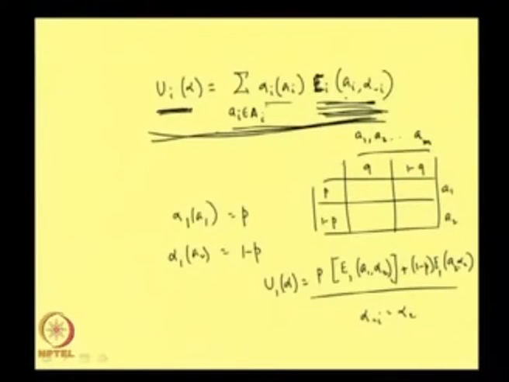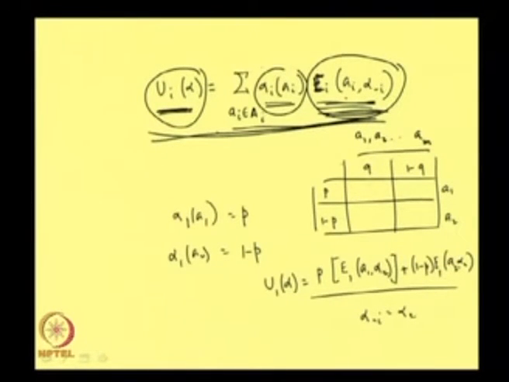For those actions for which these alphas are positive, that is, the probabilities attached to those actions are positive in the mixed strategy Nash equilibrium, the values of EIs must be equal and equal to this value. So, if alpha i's are positive for some actions, then the corresponding EIs should be equal for all these actions, and that equal value must be equal to the expected payoff in the Nash equilibrium to that player.